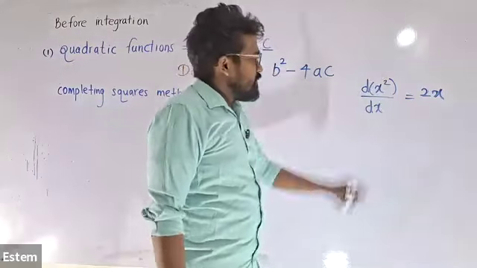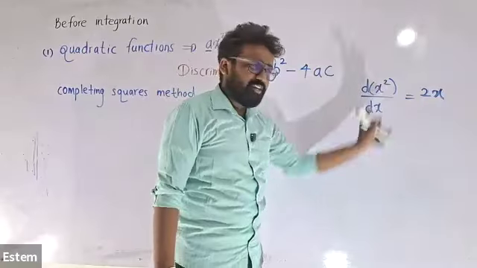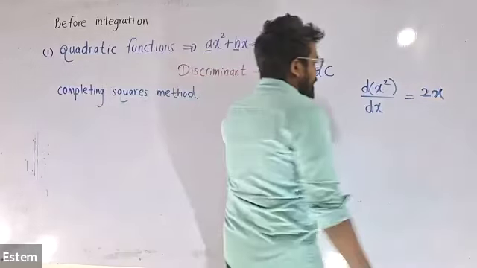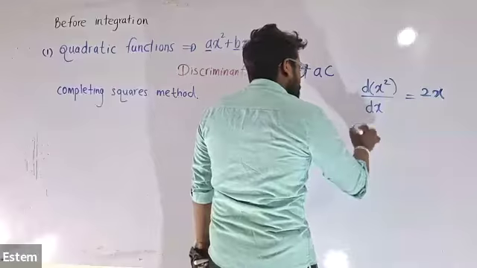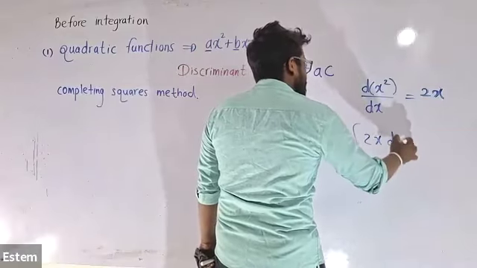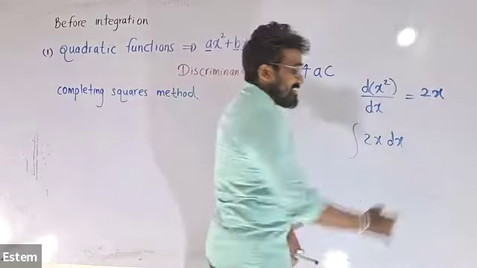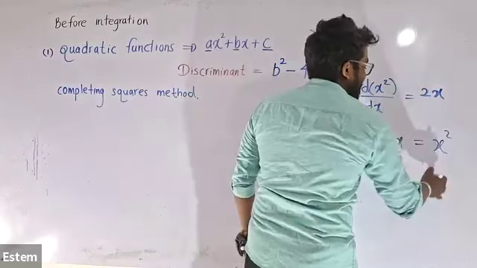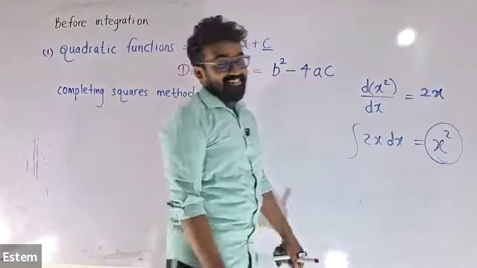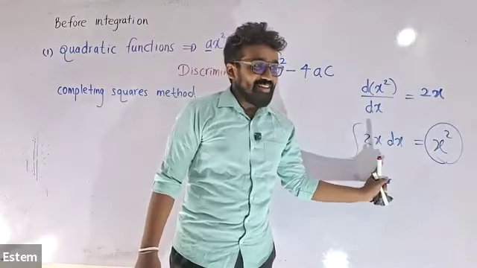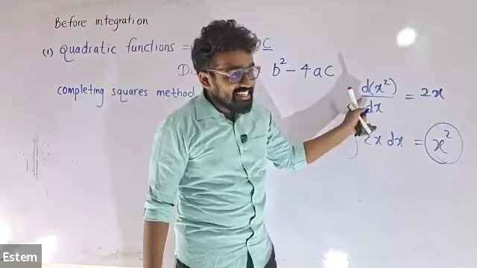When I differentiate x squared, I get 2x. Then when I integrate 2x, the answer is x squared. So getting this answer is integration. Differentiation is easy.